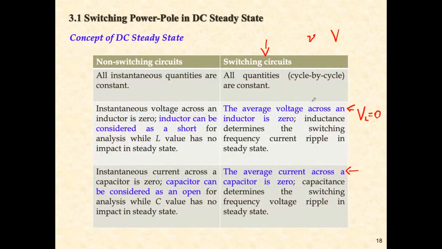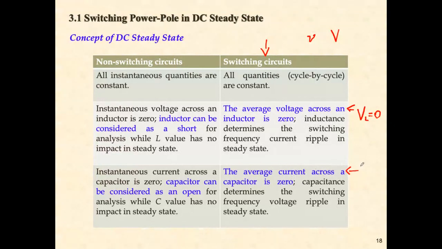So this is again a recall. This is the capital letter V because this is the average voltage, and L stands for inductor, equal to 0. That is a must in a switching circuit. And then the second statement: average current across its capacitor is 0.